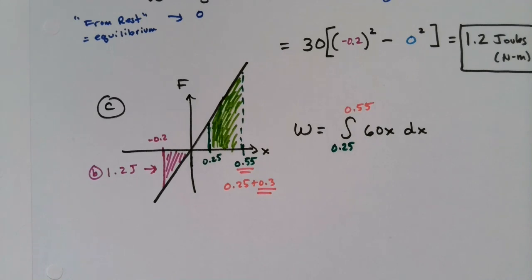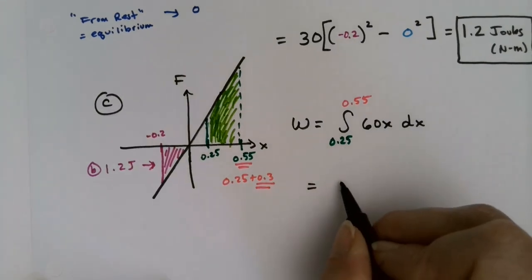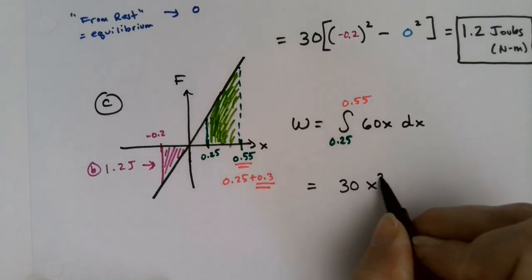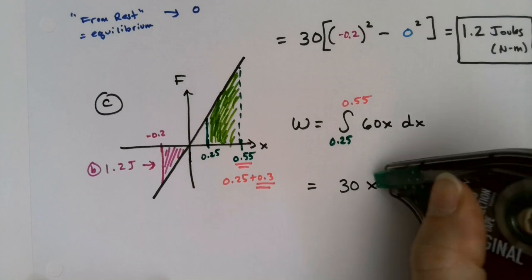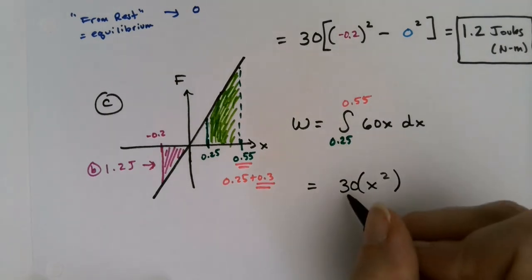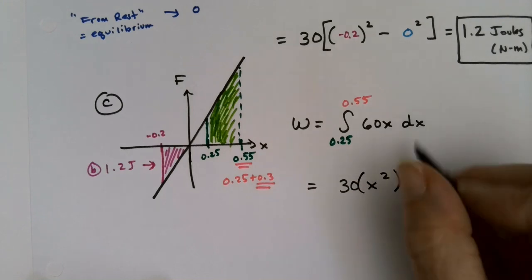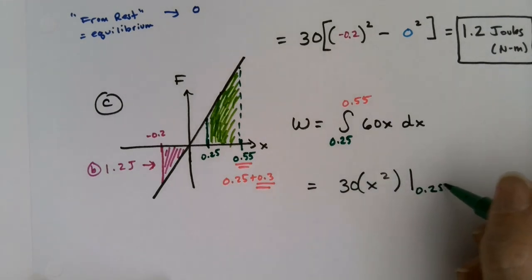All right. So yet again, it's the same integral. It's not exactly a difficult integral. The problem with these problems won't be the calculus. It's going to be the setup, just getting everything right. So the calculus itself is actually pretty easy. So it's 30 coming out, x squared. I'm going to take that from 0.25 to 0.55.